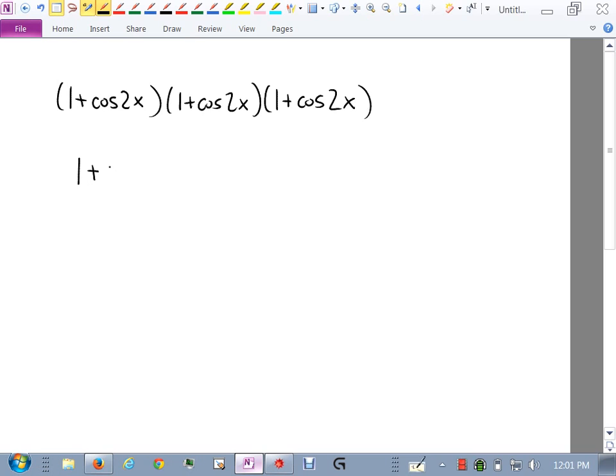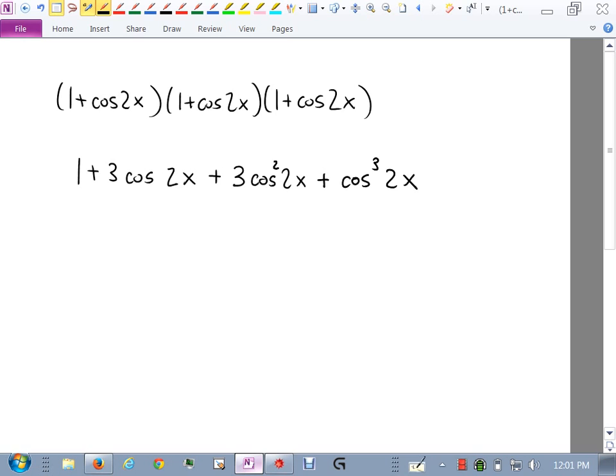One plus 3 cosine squared 2x plus 3 cosine 2x. Hold on, this one's not squared. This one's squared. This one cosine cubed 2x. That's what you would get if you multiply all those together.